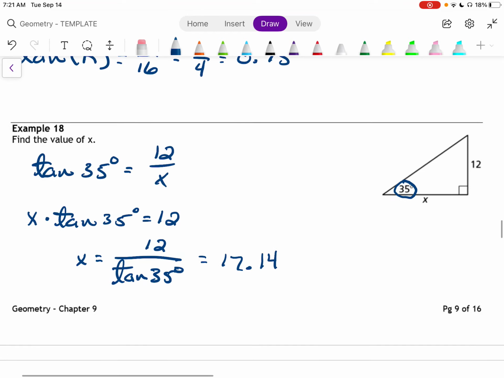That's our x. So what we did here is this tangent of 35 is kind of like a proportion, right? Think about whenever we had similar triangles, we would say something like A over B equals C over D. We'd have some kind of proportion. What we did here is we said, well, A over B, we're just going to say that this is our tangent, and then we have 12 over x, right?